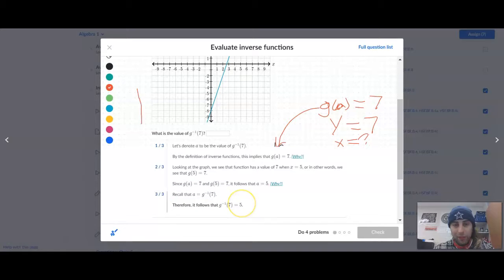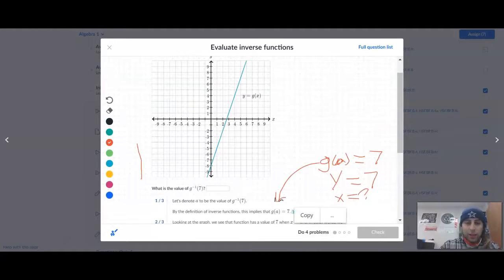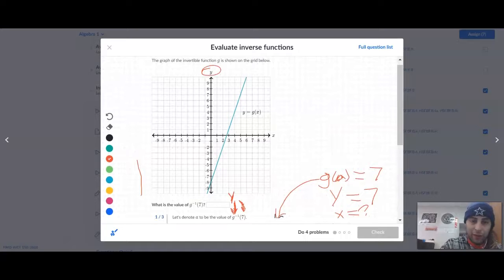Now, if that didn't make perfect sense, let me show you up here. Whenever you have inverse, that's your y value. So when the y value is 7, hopefully you know this, your vertical axis right here, that's y. So I'm going to find 7, right here.